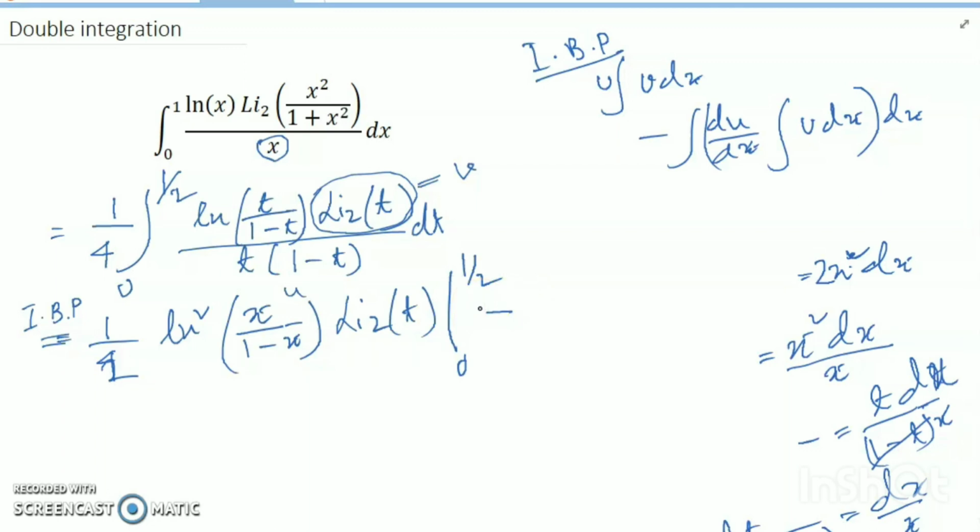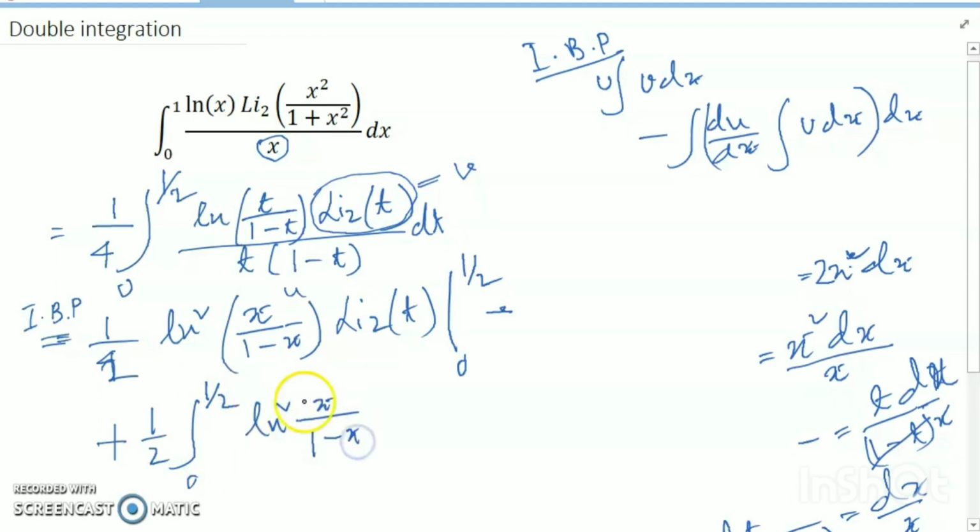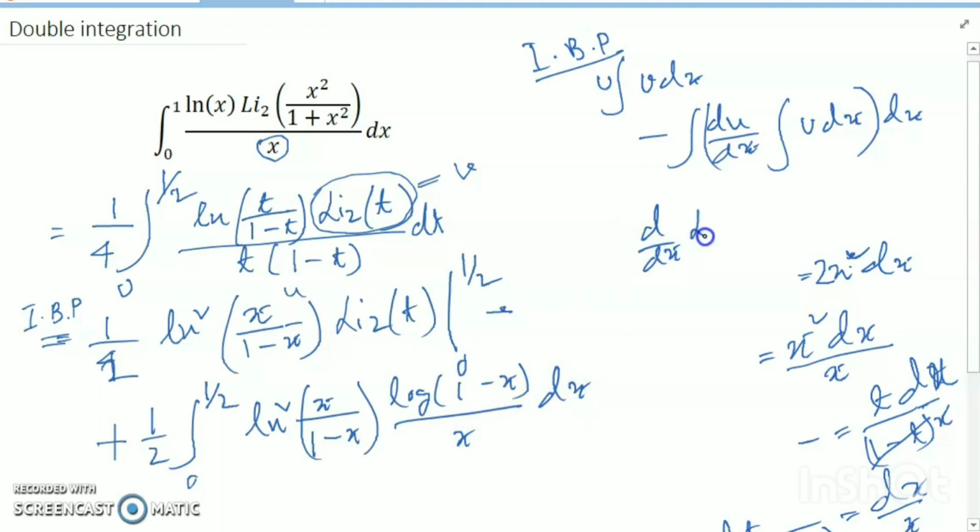So I can write here minus half, okay, half into the integral from 0 to half of ln square x divided by 1 minus x and log of 1 minus x divided by x, because d/dx of Li2(x) is equal to minus log(1 minus x) divided by x, and this is the integration.